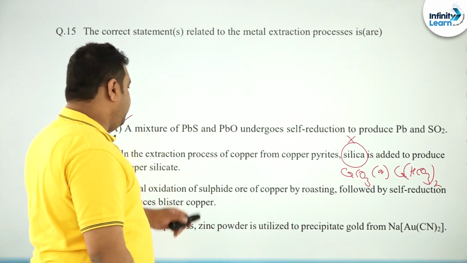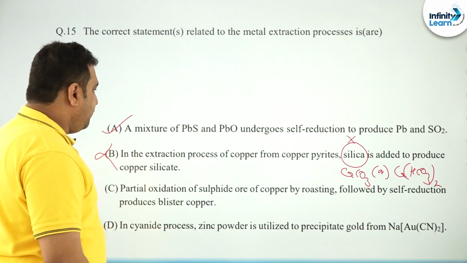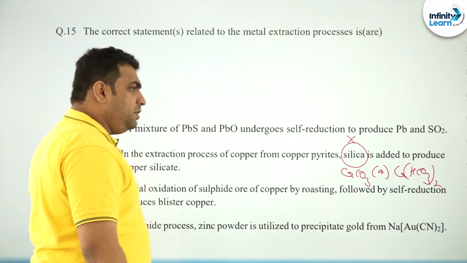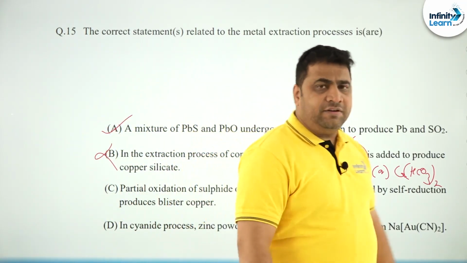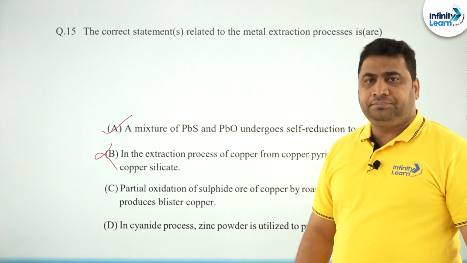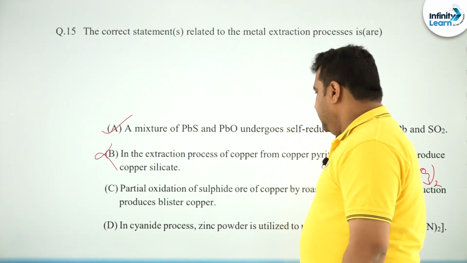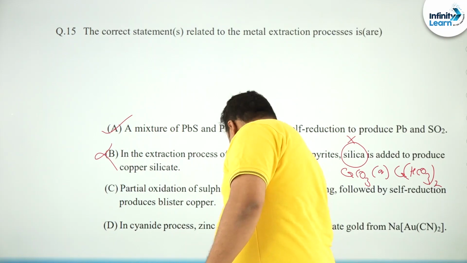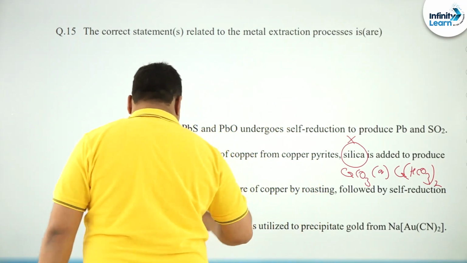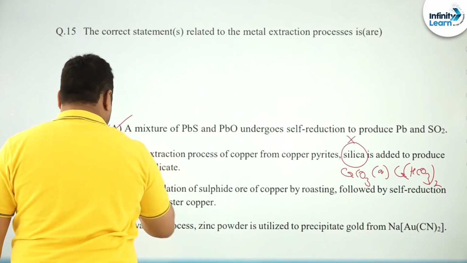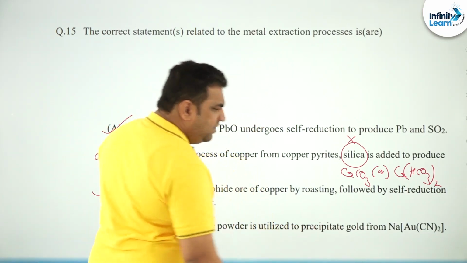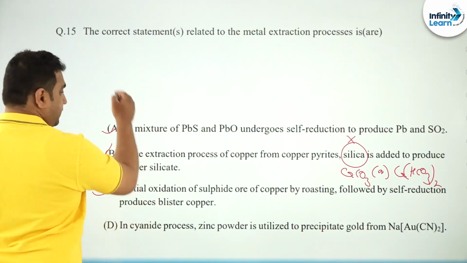Partial oxidation of sulfide ore of copper by roasting followed by self reduction produces blister copper. What is blister copper? It is like 97 to 98% pure copper. Are you following? And yeah, so this particular equation, this is correct. In cyanide process, zinc powder is utilized to precipitate gold. Yeah, this is also easy. I'll write it here.